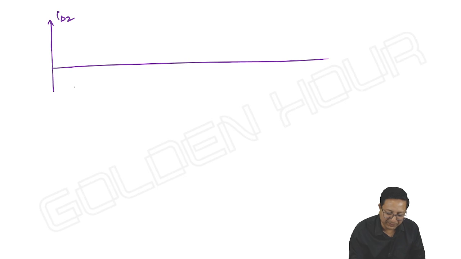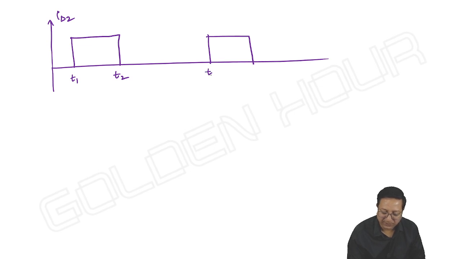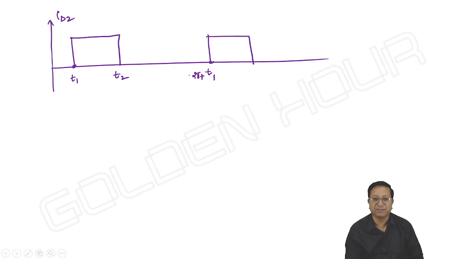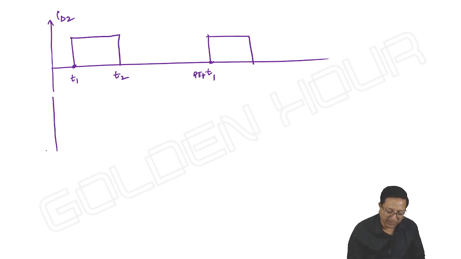From ID2 I'm writing. ID2 we have got something like this. Small t1, t2, it is 2 pi plus t1. So it is t1 and 2 pi plus t1. The difference is 2 pi, which is the period. So what about ID1?